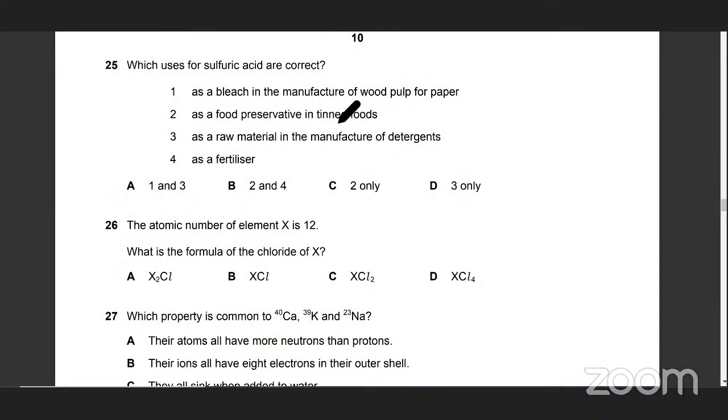Which uses for sulfuric acid are correct? It's used as a bleach in the manufacture of wood pulp for paper, as a food preservative in tinned foods, as a raw material in the manufacture of detergents, as a fertilizer. कौन सी statement correct है?